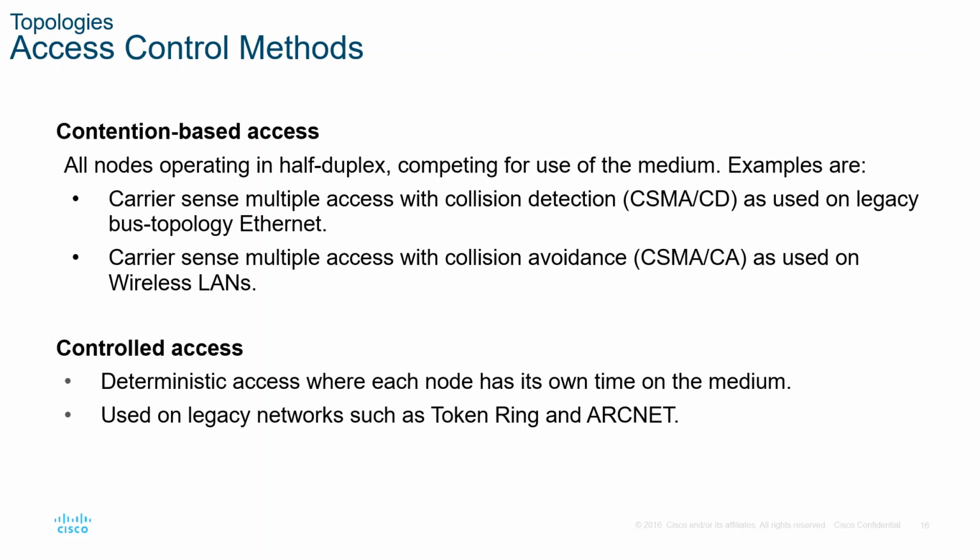So there are two ways, which are contention-based access, and also we can control the frame forwarding and avoid collision using the controlled access method. One technique is deterministic access, where each node has its own time on the medium, and it is used in the token ring topology.